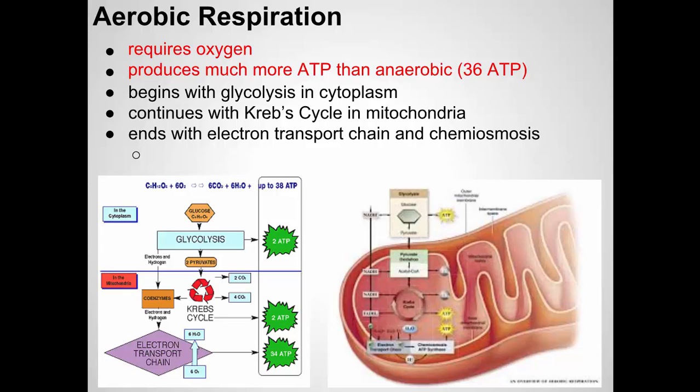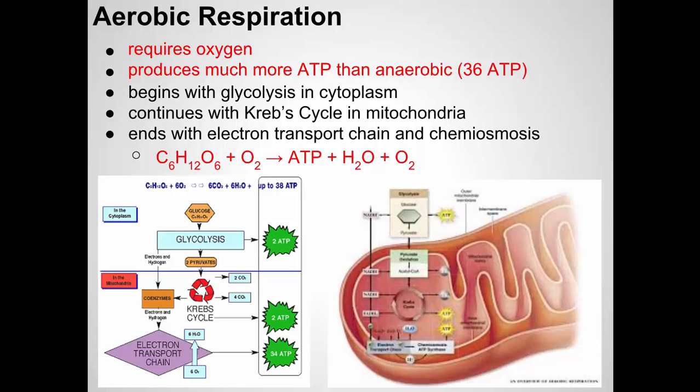Take a glucose molecule, split it into 2 pyruvates, and that gives 2 ATP molecules. The difference is that in aerobic respiration, those pyruvate molecules go through a cycle called the Krebs cycle, or the citric acid cycle. Okay, that happens in the mitochondria. And that ends in the electron transport chain, which makes ATP in the same way that ATP was produced in photosynthesis.